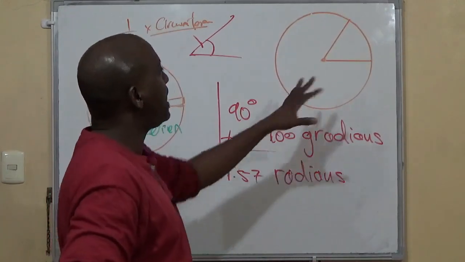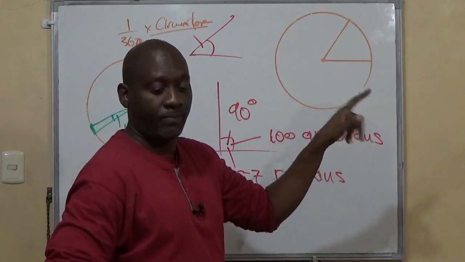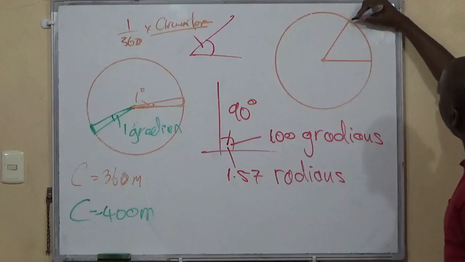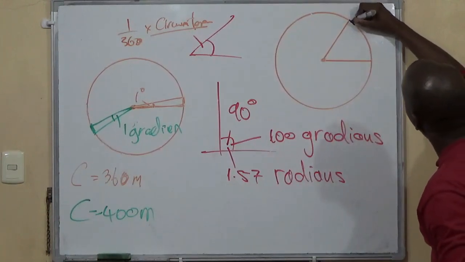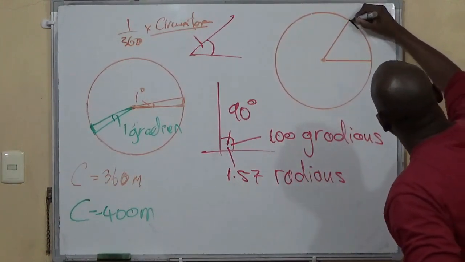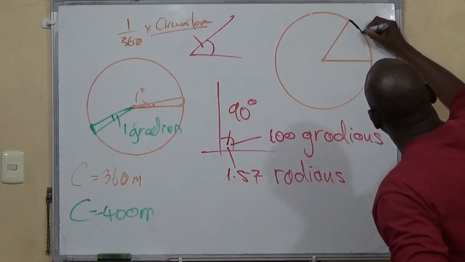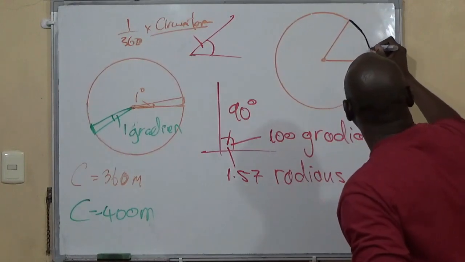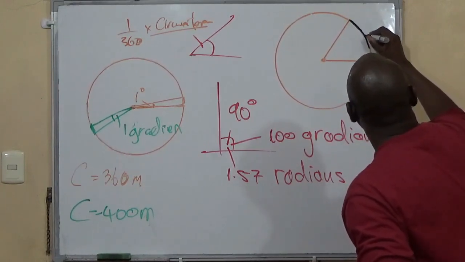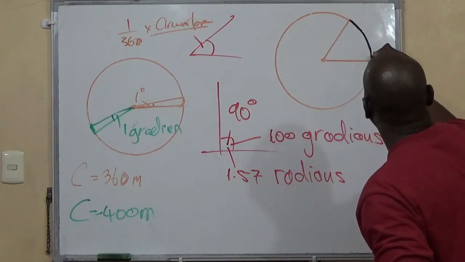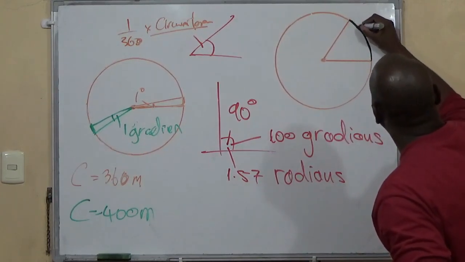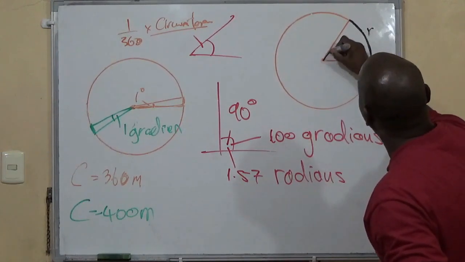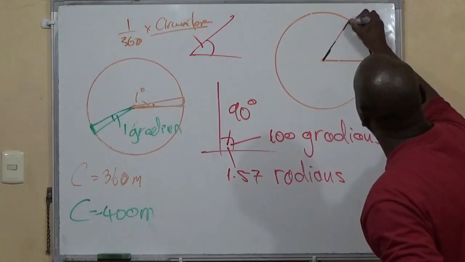So regardless of what the circumference is, if we make this arc here equal to, not 1 meter, we don't need to measure any particular length now. If we make this arc equal to the length of the radius, so the length of this arc is r, and this here is a radius as well.